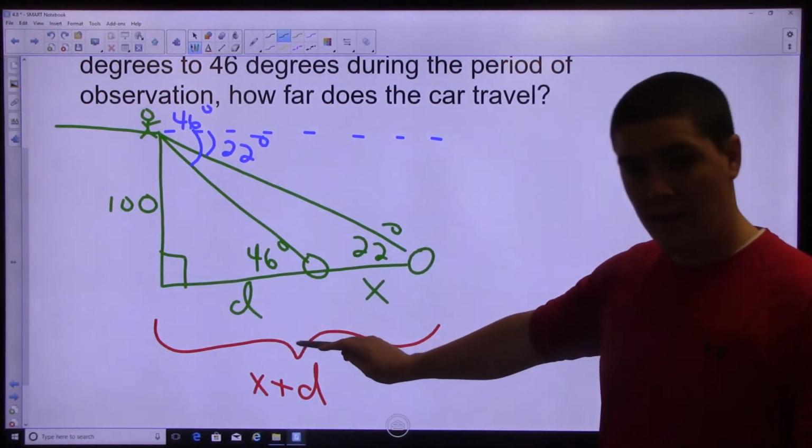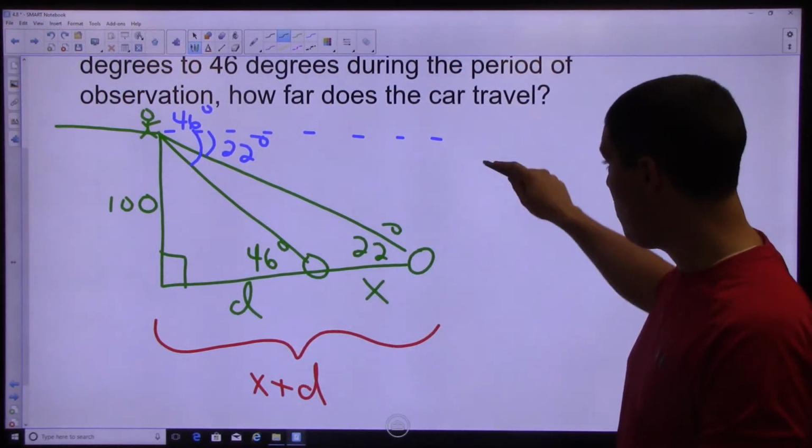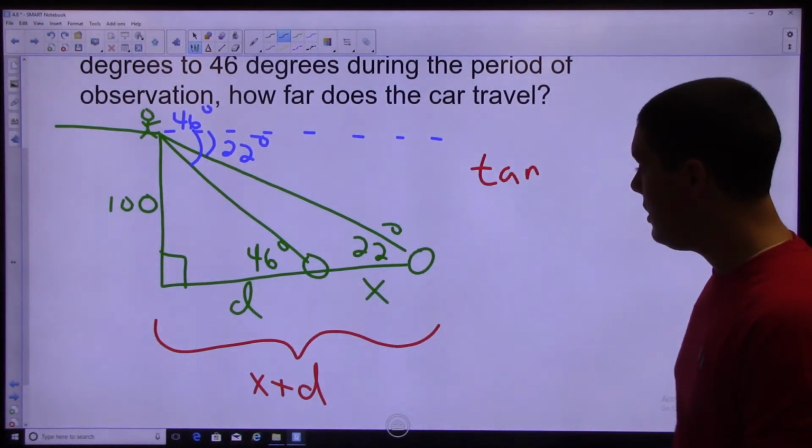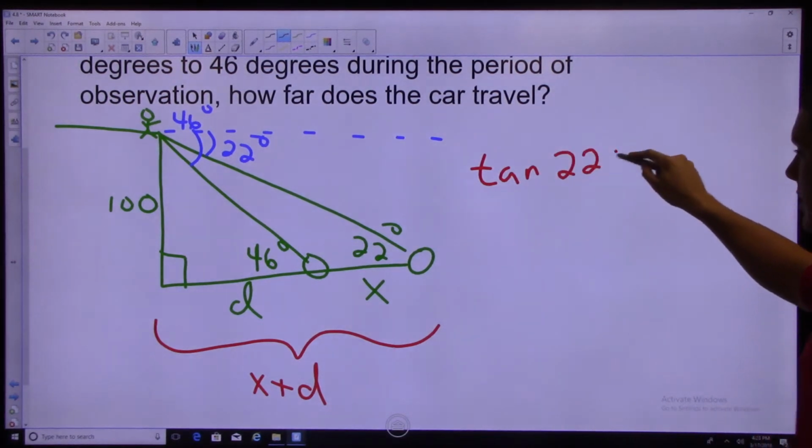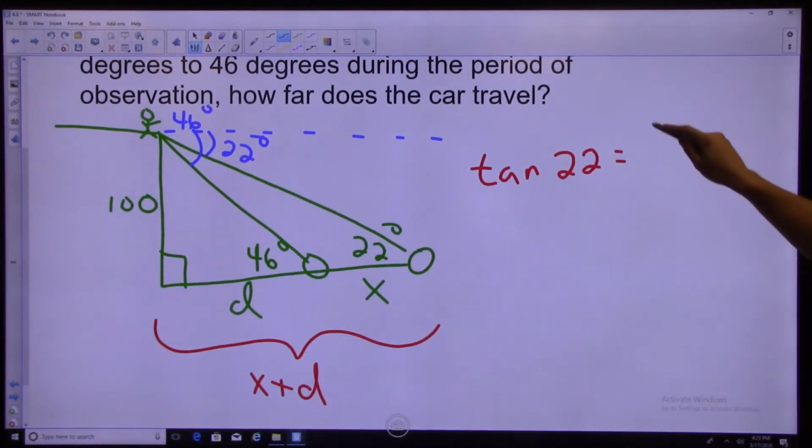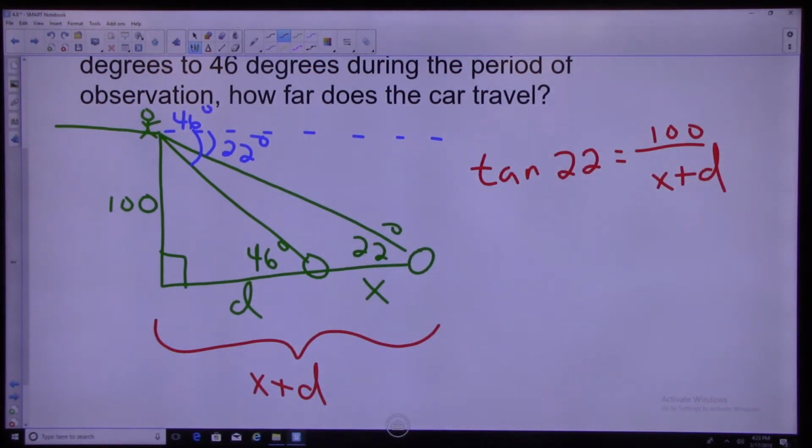And we want to find the adjacent. So therefore, we should use the tangent ratio. The tangent of 22 is going to equal opposite, which is 100, over adjacent, which is x plus d. So hopefully that makes sense.